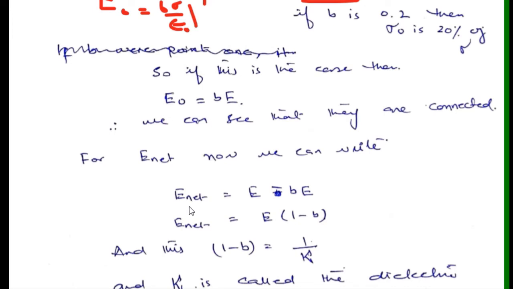So now I can replace this E naught in this E net, which I have written before. So E net is equal to E minus bE. I can take this E common and I can write this 1 minus b. Now this 1 minus b is equal to 1 over kappa, and this kappa is known as the dielectric constant.